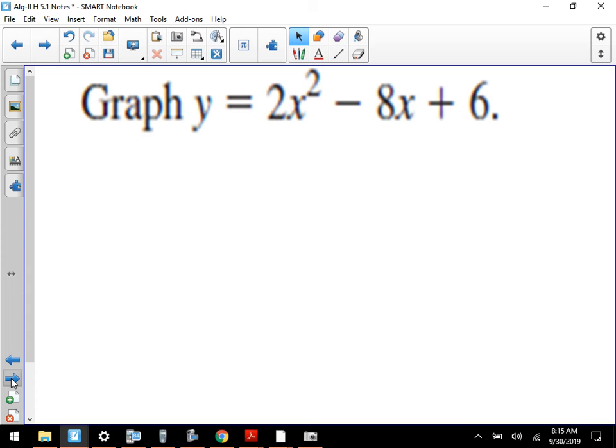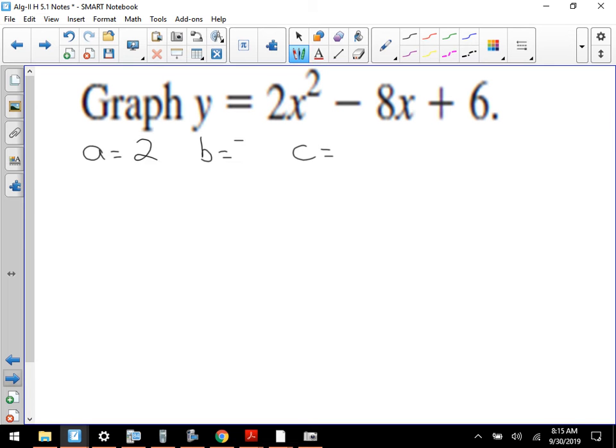I'm going to add one extra thing to it here in a second. So what's my value of A? 2. What's my value of B? Good, I'm glad you said -8. So A is 2, B is -8, and C is 6. Is this one going to be up like a cup or down like a frown? Up like a cup.